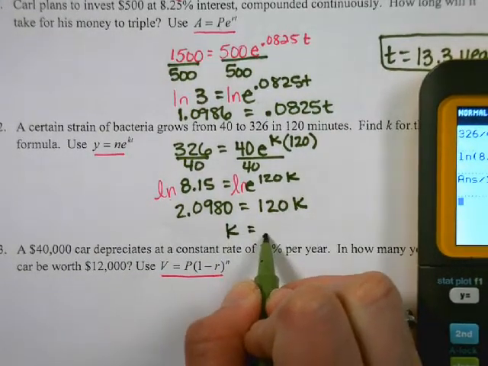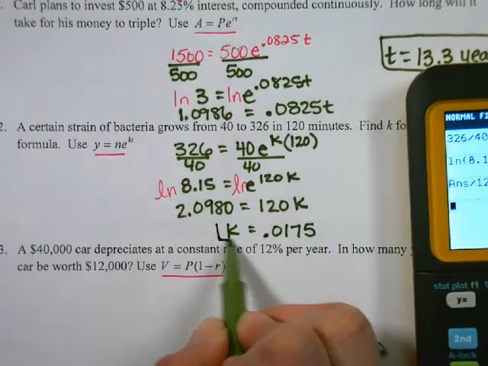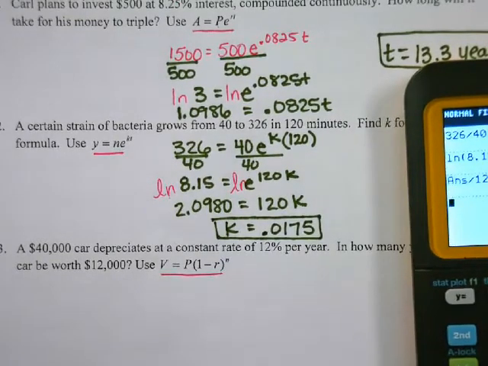When you're looking for K's and rates and things like that, go ahead and leave them in 4 decimal places. That means that guy's growing at like 1.75% a minute. Does that make sense? So every minute he's 1 3/4% bigger.